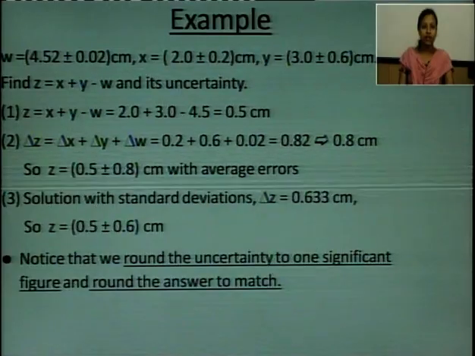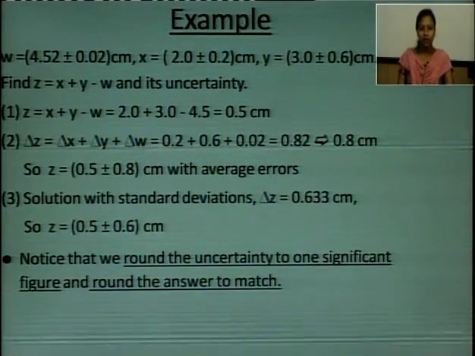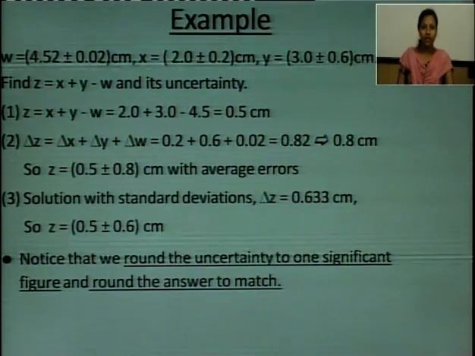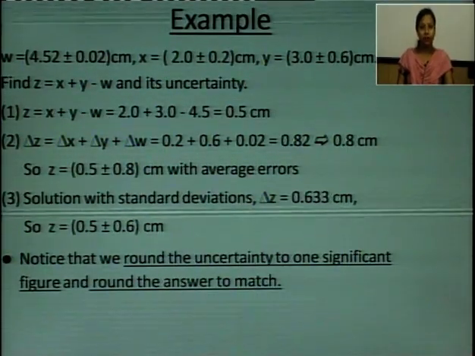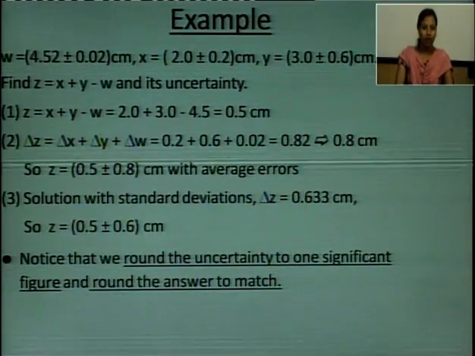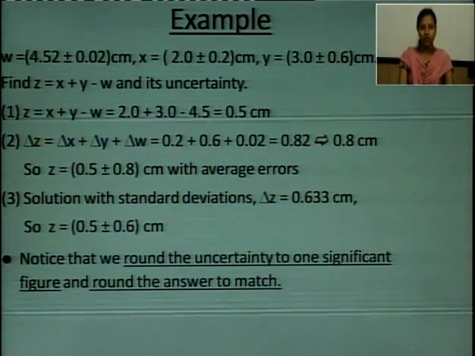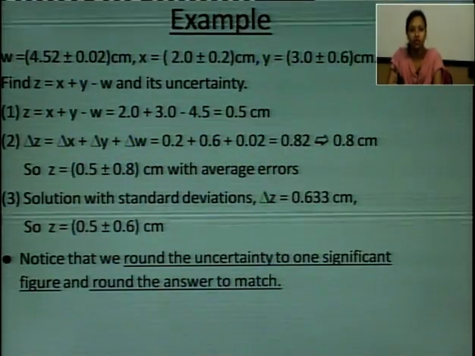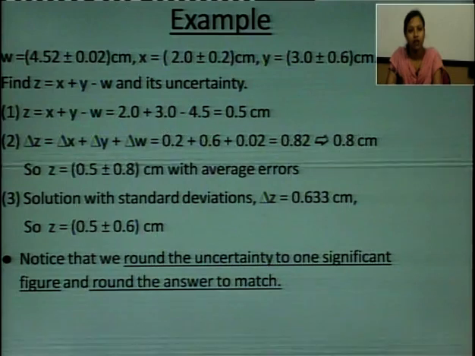And its uncertainty delta Z is equal to delta X plus delta Y plus delta W, and it is equal to 0.8 centimeter. So with the average error we can calculate Z is equal to 0.5 plus minus 0.8 centimeter.